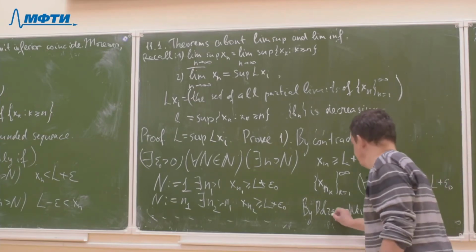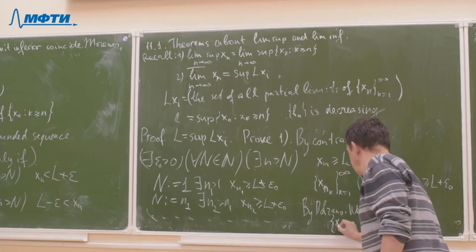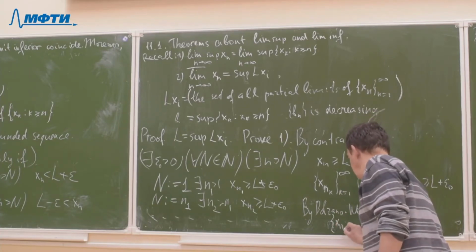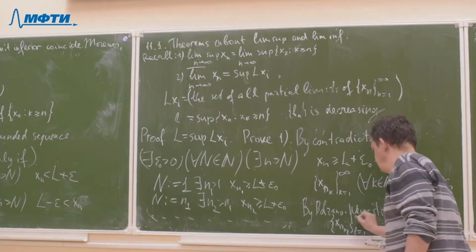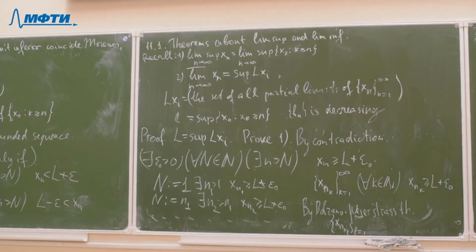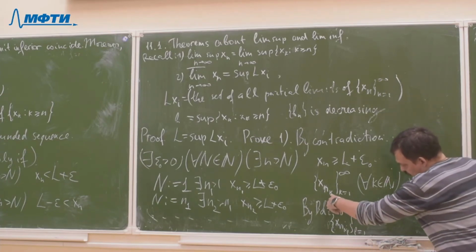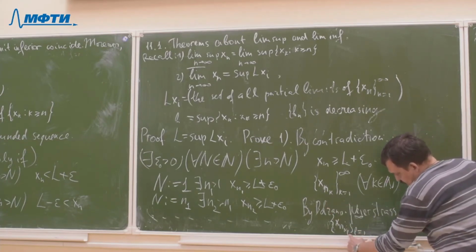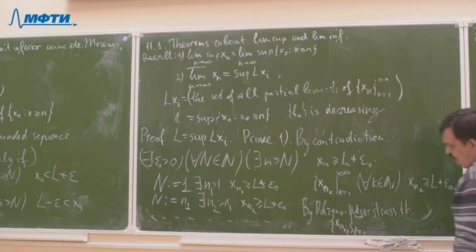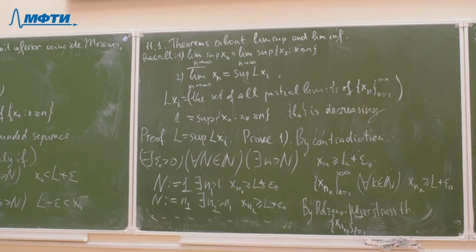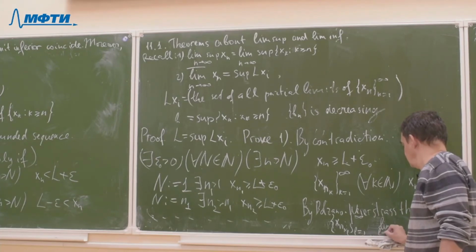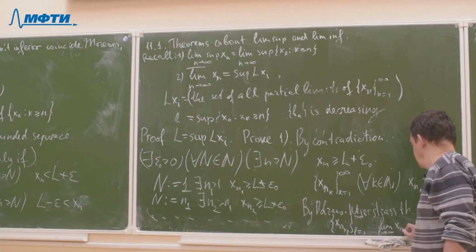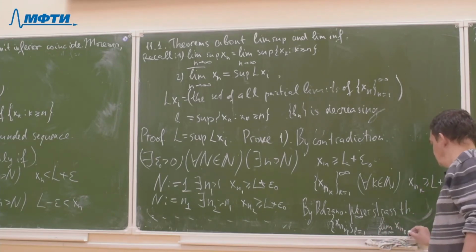There exists a subsequence x_{n_{k_l}}, l from 1 to infinity. So now we consider not every k, but some sequence of natural numbers k_l, l from 1 to infinity, such that that sequence has a limit. As l tends to infinity, x_{n_{k_l}} has a limit.